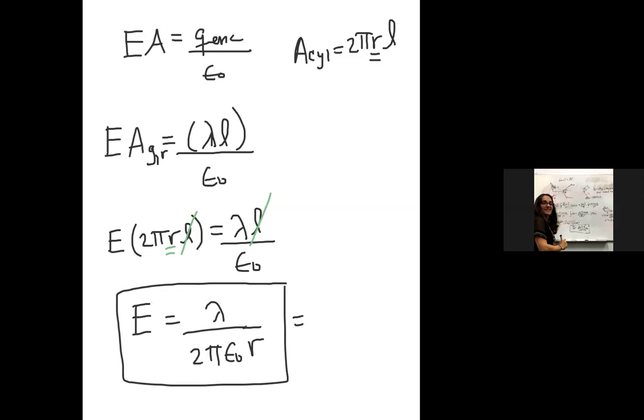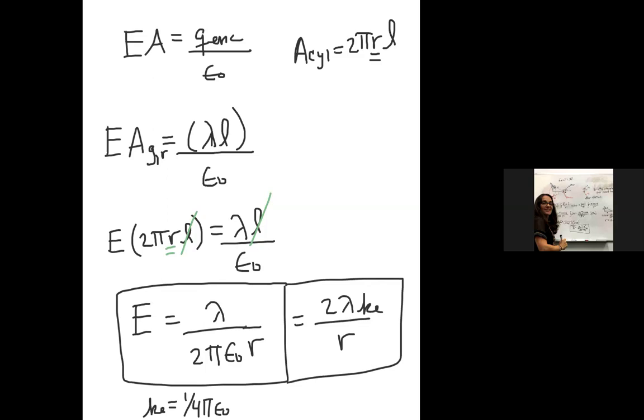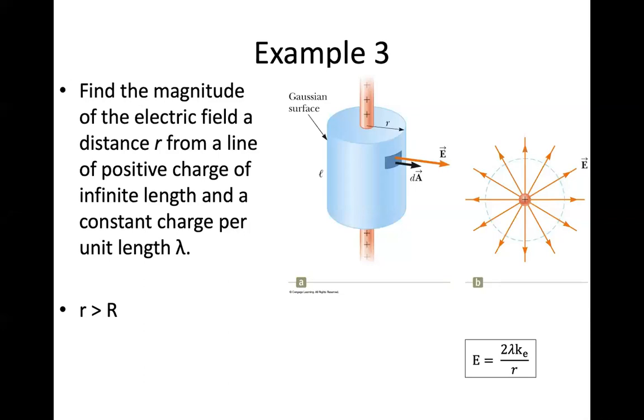Remember that kE is 1 over 4 pi epsilon naught, but I've only got 2 pi epsilon naught, so I've got to make this 2 lambda kE over r. Same thing. And that will always hold for any long positive line distribution: 2 lambda kE over r.